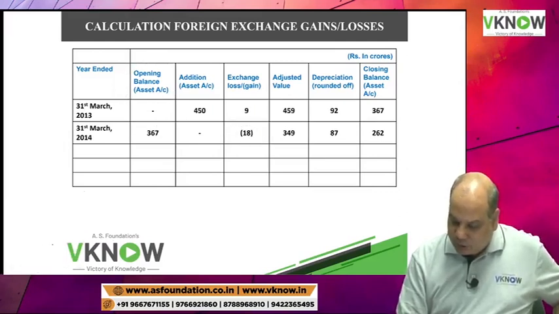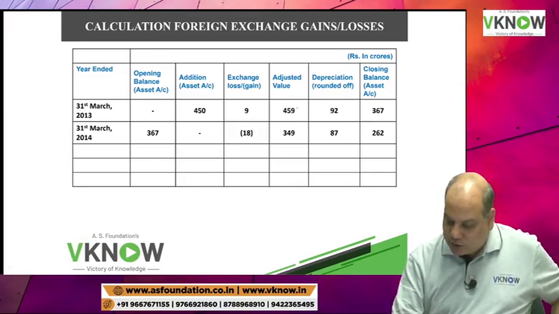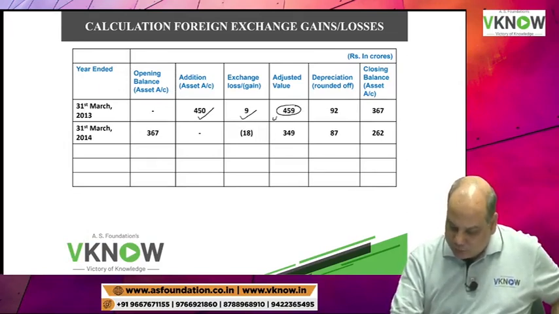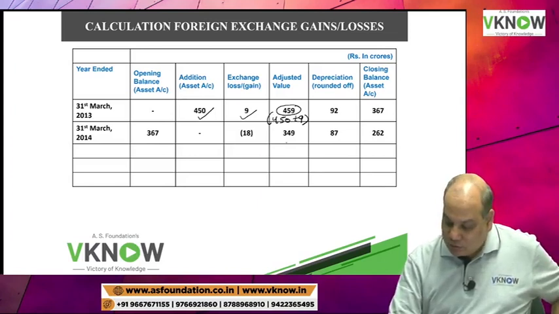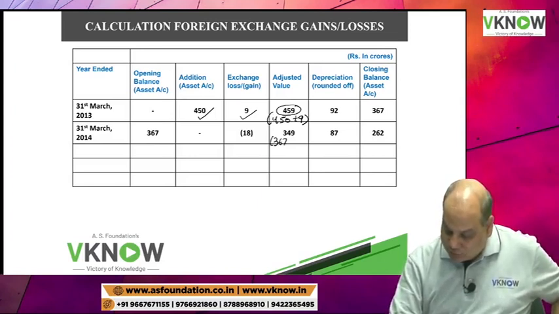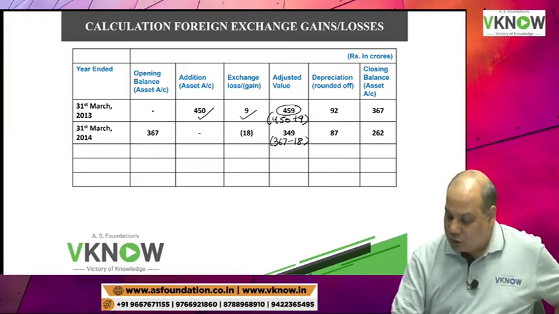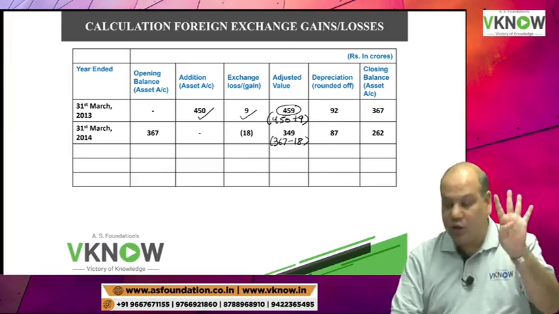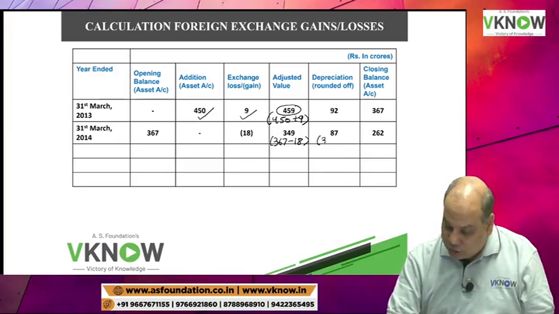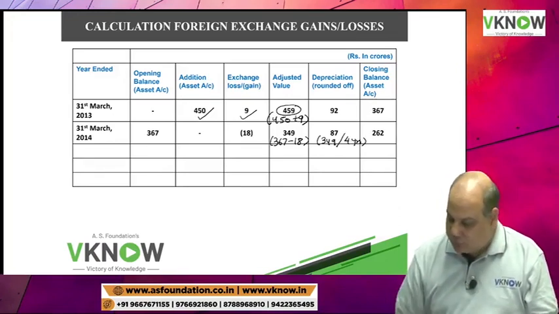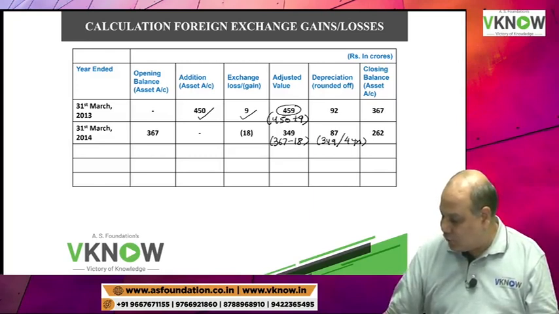The asset value will reduce. The student is asking how the adjusted value has come. 450 plus 9. Sometimes it seems you people are not listening to me carefully. This is 367 minus 18. Okay. Now how many years are remaining? 4 years are remaining. So 349 divided by 4 years, because the useful life remaining now is 4 years.